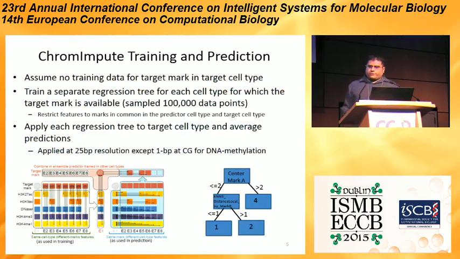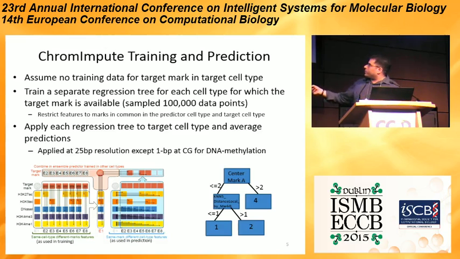One of the challenges in this problem is that we don't have any training data for that target mark and that target cell type which we're trying to predict. So we train based on all the other samples for which we do have the target mark mapped, restricting to the common set of features that can be defined in each one of those cell types. Then we apply those predictors in the target cell type.